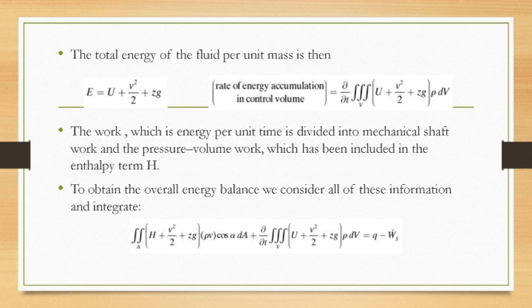We also have to take into consideration two different important values: the work, which is the energy per time, that is divided into mechanical work and pressure-volume work. Taking these into consideration, we can obtain the overall energy balance and integrate it. So we have all these integrands, and we will finally have Q minus Ws.